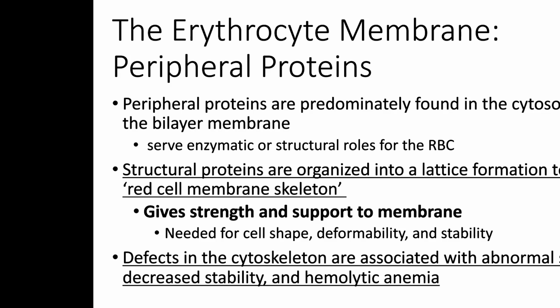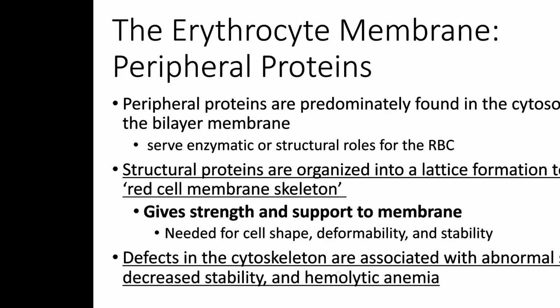So peripheral proteins are found mostly on the cytosol side of the bilayer membrane, and a lot of these serve either enzymatic or structural roles. Structural proteins are organized into a lattice formation to form the skeleton. Just like human skeletons, its job is to give the membrane the strength and support it needs to maintain its shape.